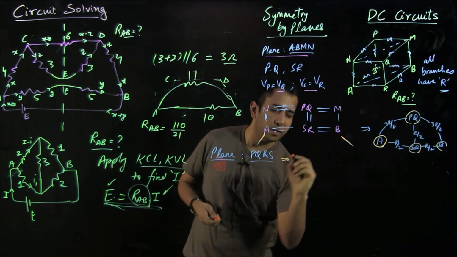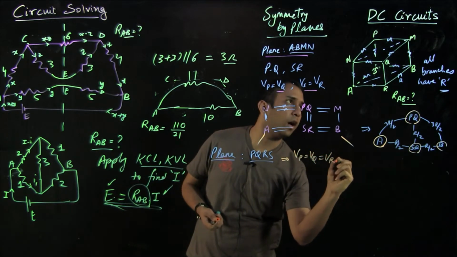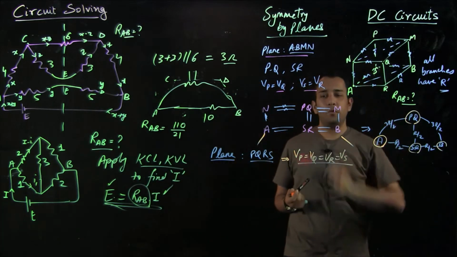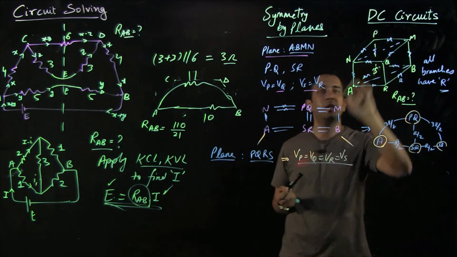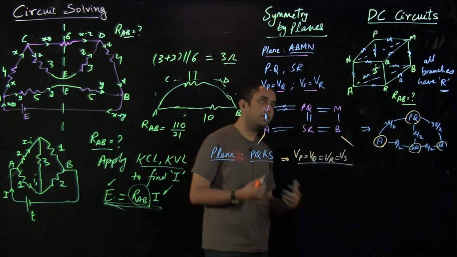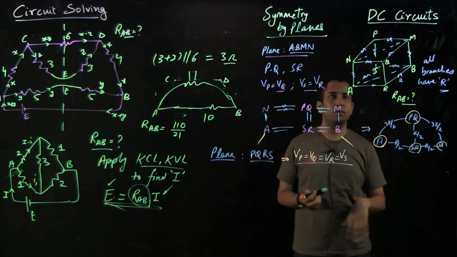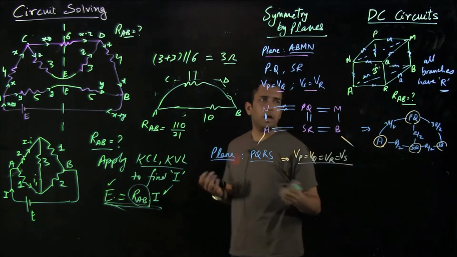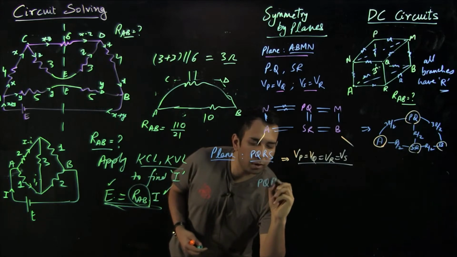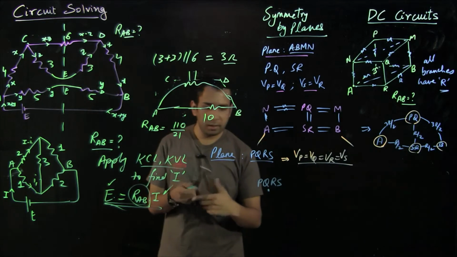So this means Vp is equal to Vq is equal to Vr is equal to Vs. Because Vp is equal to Vs, the resistance which is connecting P and S does not play any role because there is no current which can flow between the two points. Similarly, the same thing between Q and R as well. So I can just club PQRS together and write them as one point, PQRS. And now I can easily simplify the rest of the circuit.